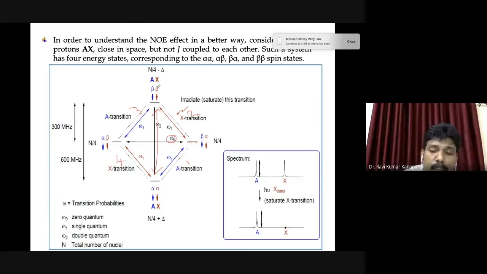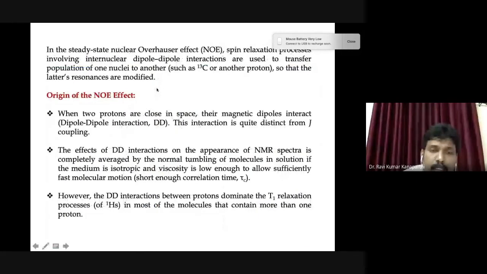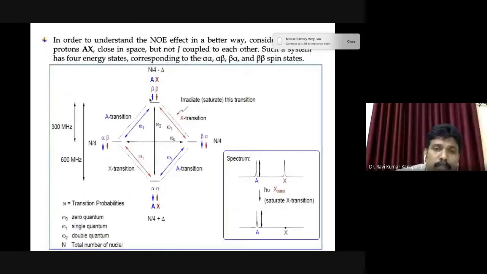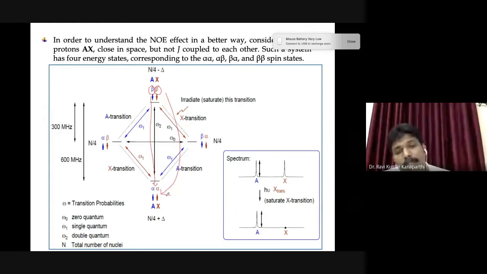If you talk about the transition from beta beta to alpha alpha, then initially the A spin state is beta and then it is getting to alpha, and likewise for the other.